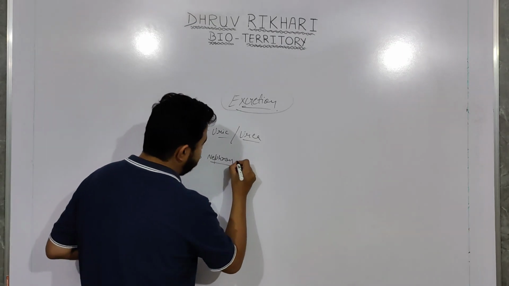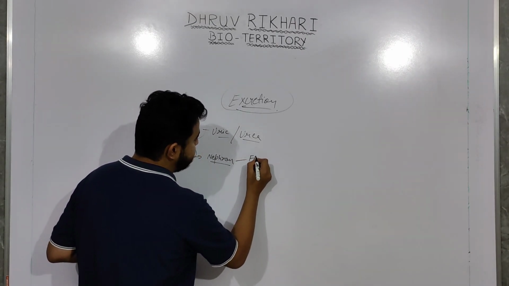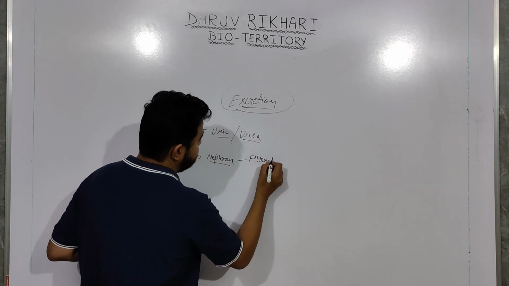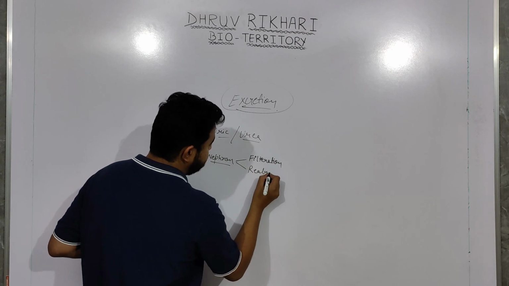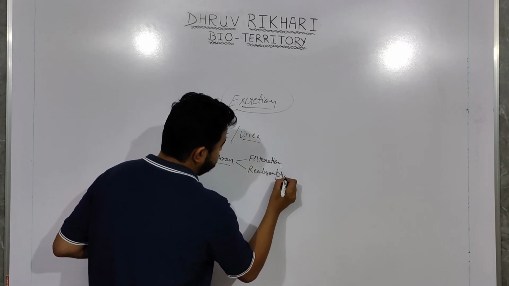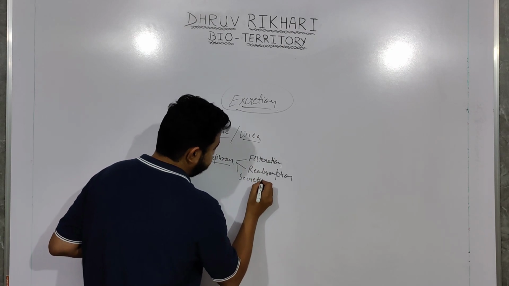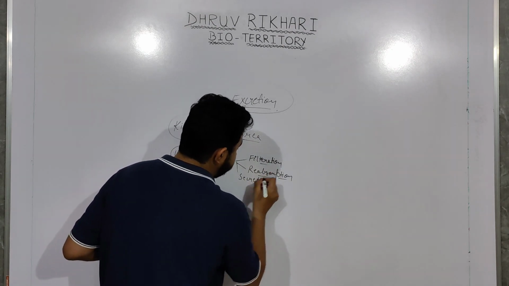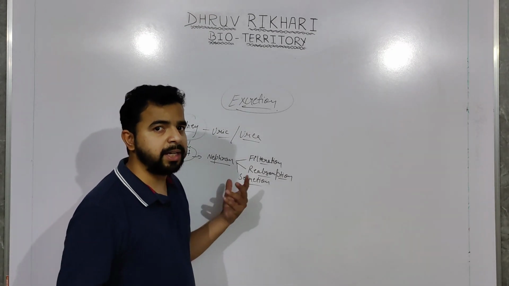The steps involved in nephrons are filtration, reabsorption, and secretion. These are the major steps of the nephron when urine is formed.